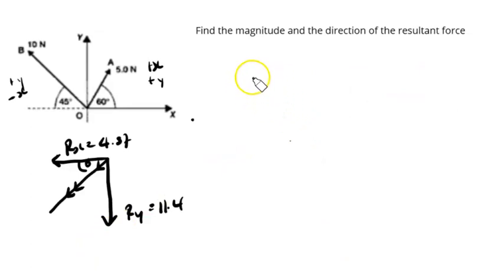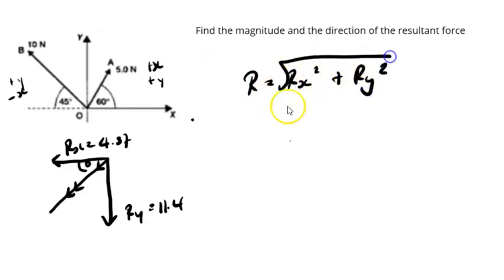Okay, so our resultant force is equal to the square root of Rx squared plus Ry squared. If we put negative here, some of you might be uncomfortable not putting the negative there. If you square negative and you square positive, you get the same answer.